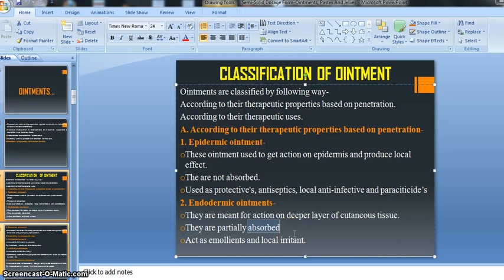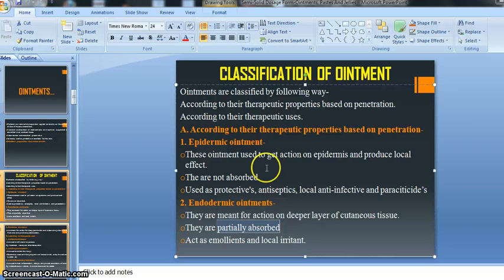We can't apply epidermic ointment into subcutaneous tissue. Firstly, we have to apply it on the skin surface. After its absorption, it goes to the cutaneous tissue. That's why endodermic ointment is called partially absorbed: it has the ability to cross the layers of our skin.